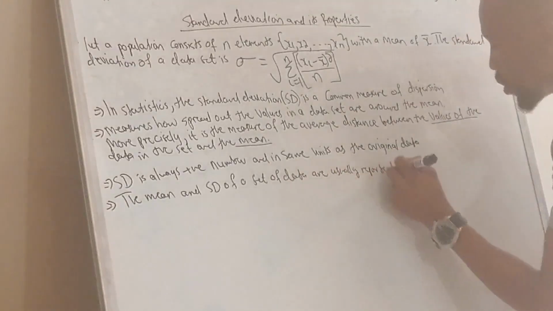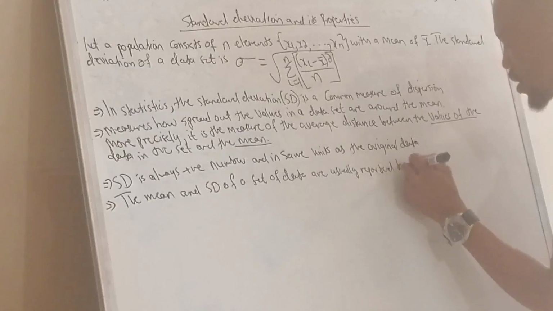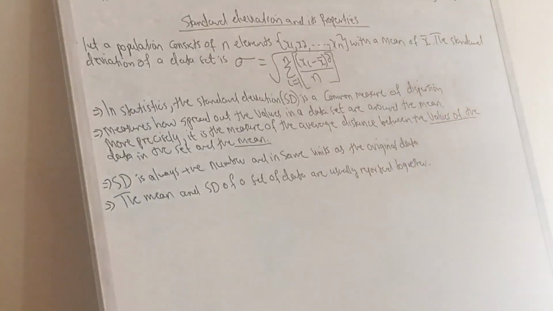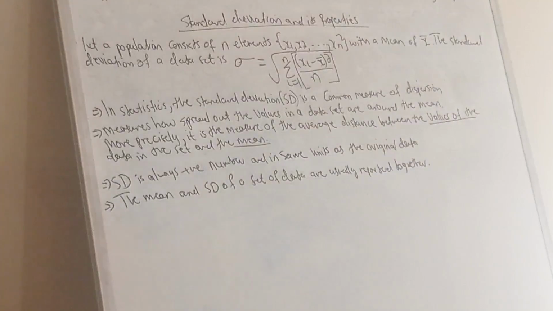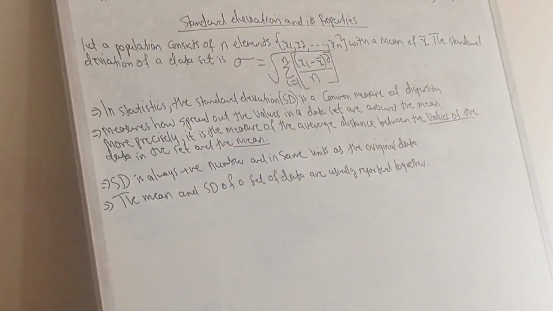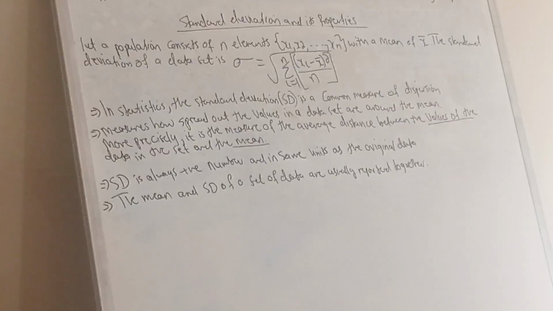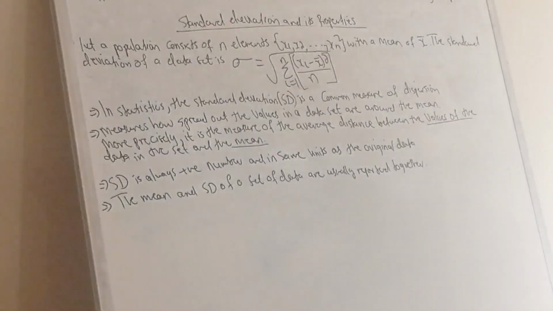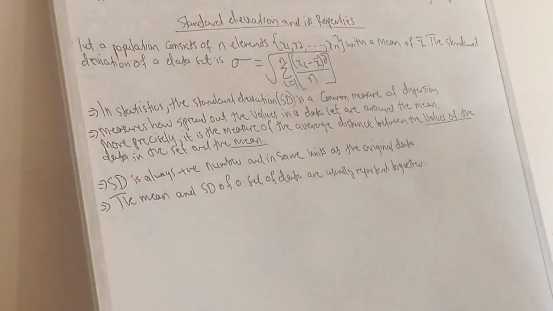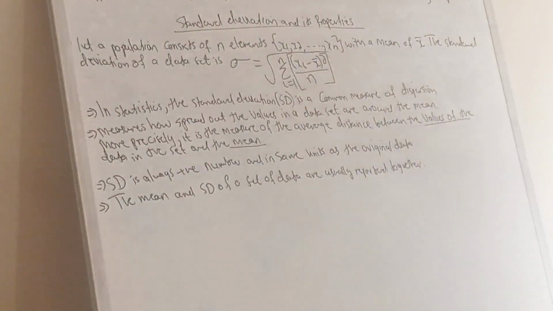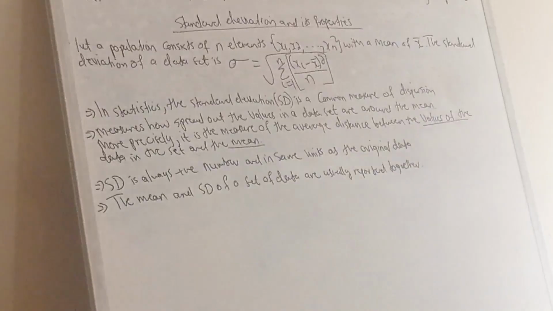So you cannot give us the mean without telling us the standard deviation. Whenever we represent the mean, you must also account for the standard deviation. They are always reported together.